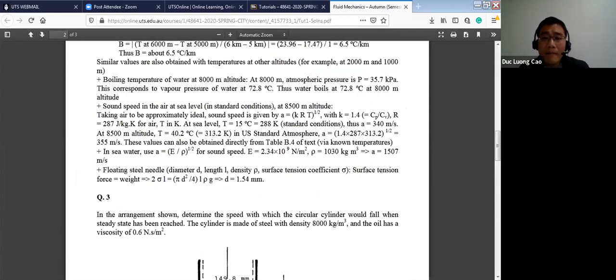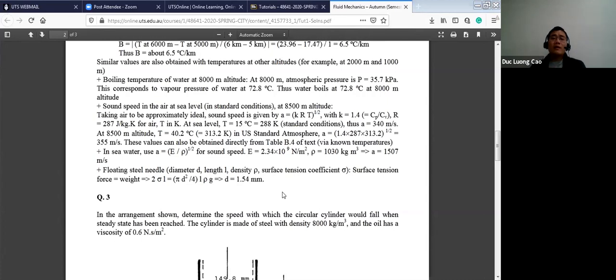Okay. So it's up to you. You can have D in the equation, or you can ignore D. It's up to you, but the result is almost the same. 1.54 or 1.53 or 1.55 is okay.